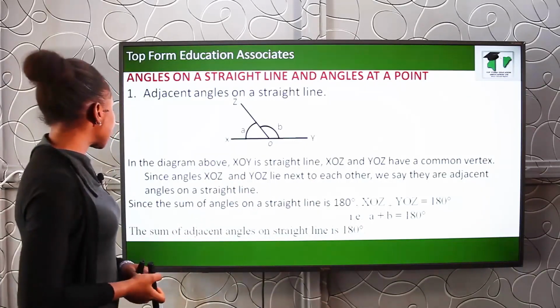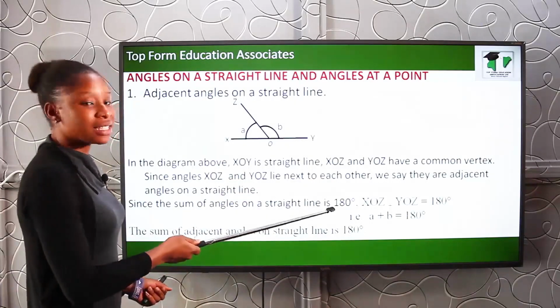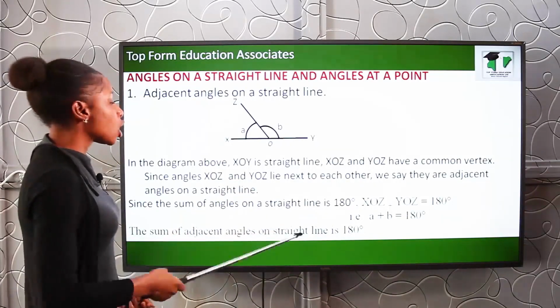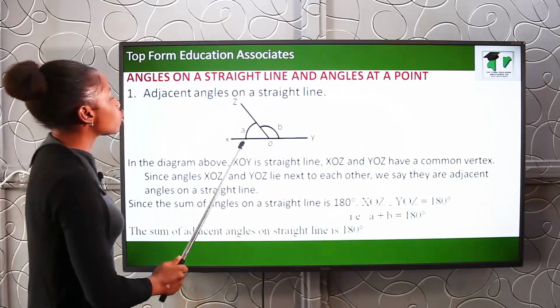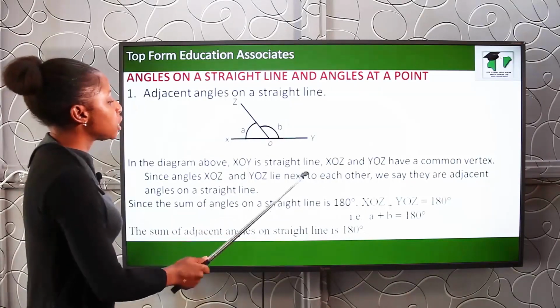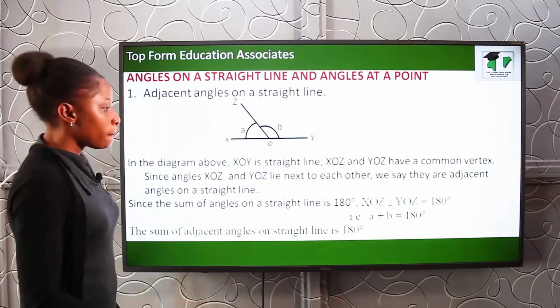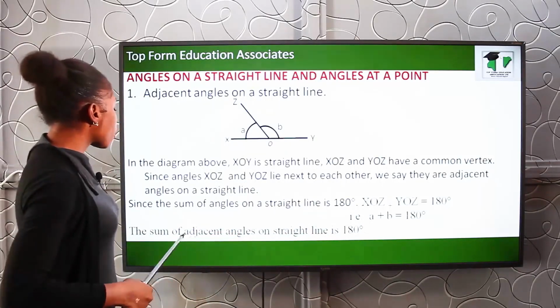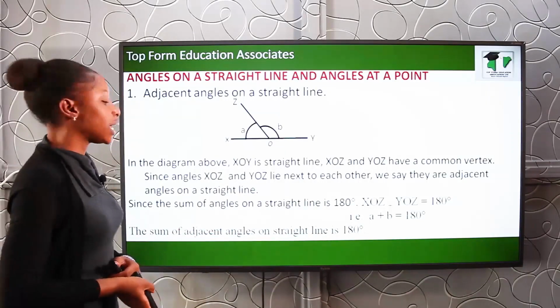Okay, now that we've gotten that, the sum of angles on a straight line is 180 degrees. I hope you remember that. The sum of angles on a straight line is 180 degrees. That is, the sum of this angle A and this angle B is 180 degrees. Therefore, we can say that the sum of adjacent angles on a straight line is also 180 degrees.